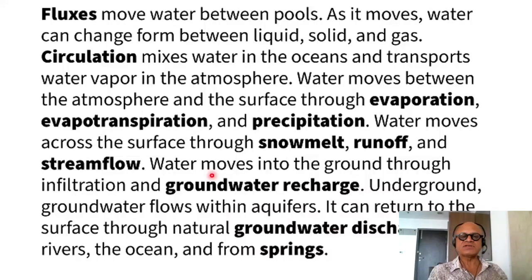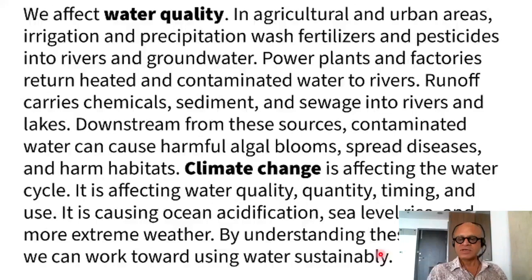Water moves across the surface through snowmelt, runoff, and stream flow. Water moves into the ground through infiltration and groundwater storage, of course. Underground, groundwater flows within aquifers. It can return to the surface through natural groundwater discharge into the rivers, the ocean, and from springs. And of course, humans are mining groundwater for various uses: domestic, agriculture, industrial, and so on.